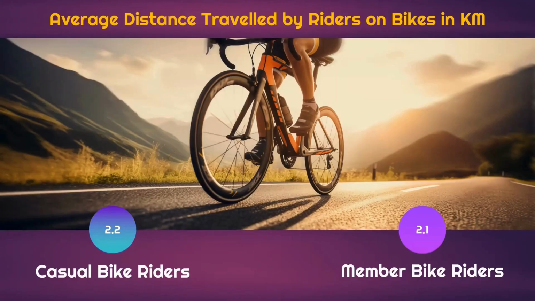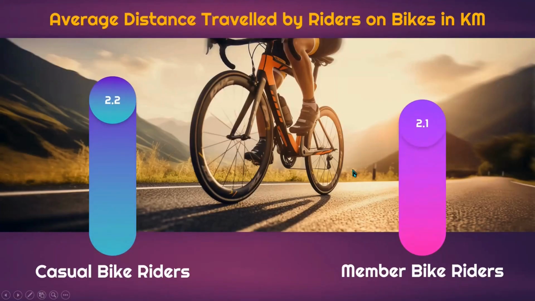Now, if we want to check the average distance traveled by riders on bikes in kilometers, it was noted that casual bike riders spent around 2.2 kilometers per ride and member bike riders spent 2.1 kilometers per ride.